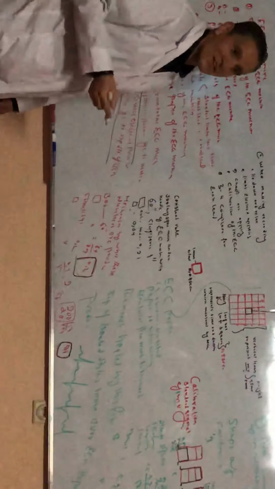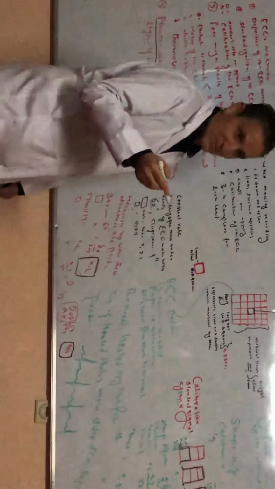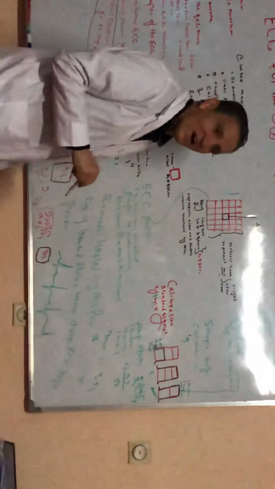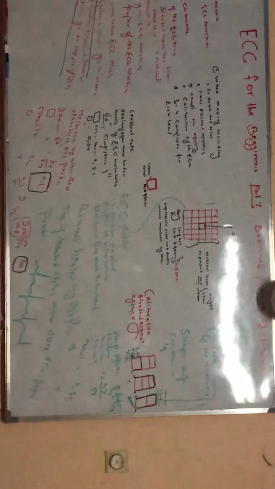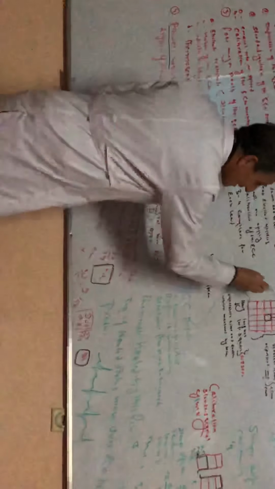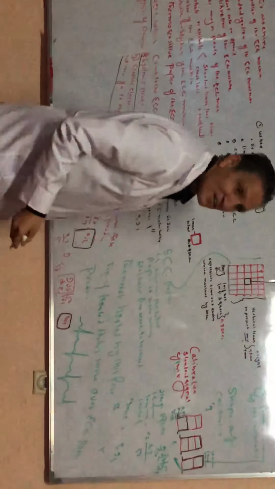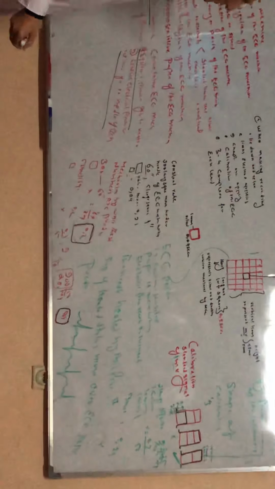In cases of pulmonary hypertension, it becomes more. So the vertical line should be used for the height of the P wave, the QRS complex and the T wave. For example, in pulmonary hypertension the P height is increased. In cases of hypertrophy the peak of the QRS complex is increased, and in the case of hyperkalemia the peak of the T wave is increased. So the vertical line is used for the height of the wave, and the horizontal line is used for the time and duration of the wave.